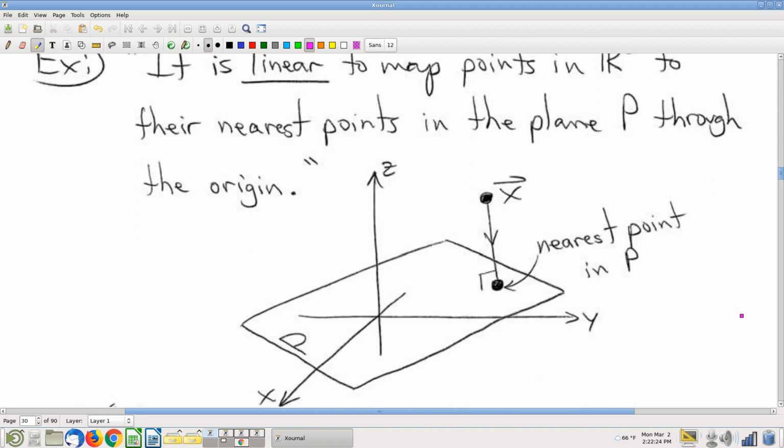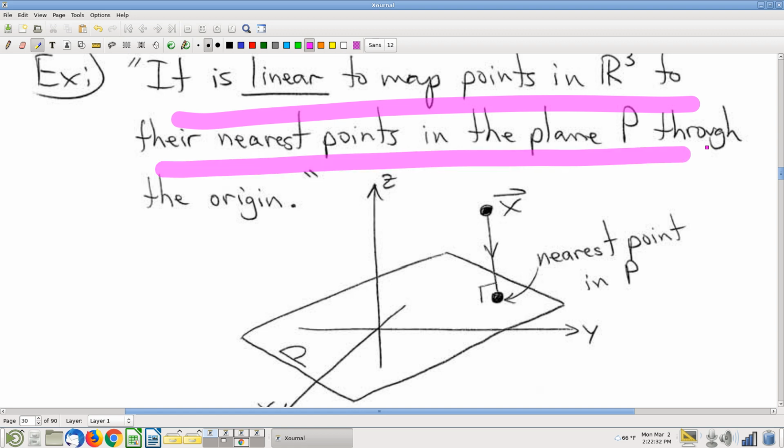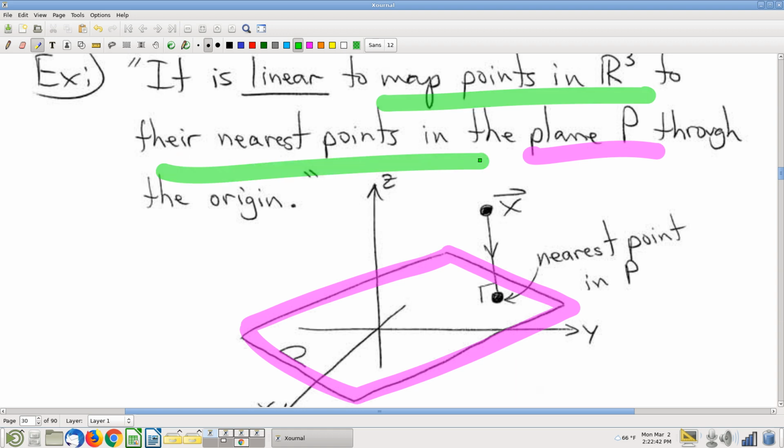So here's one, a common phrasing people will make, that it's linear to map points in R3 to their nearest points in the following plane through the origin. So, given a plane P, we talk about mapping points in R3 to the nearest point in the plane.